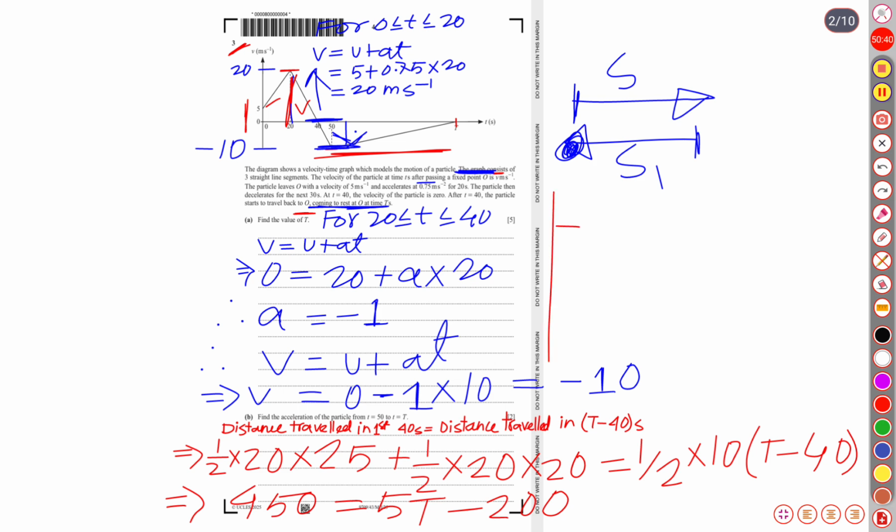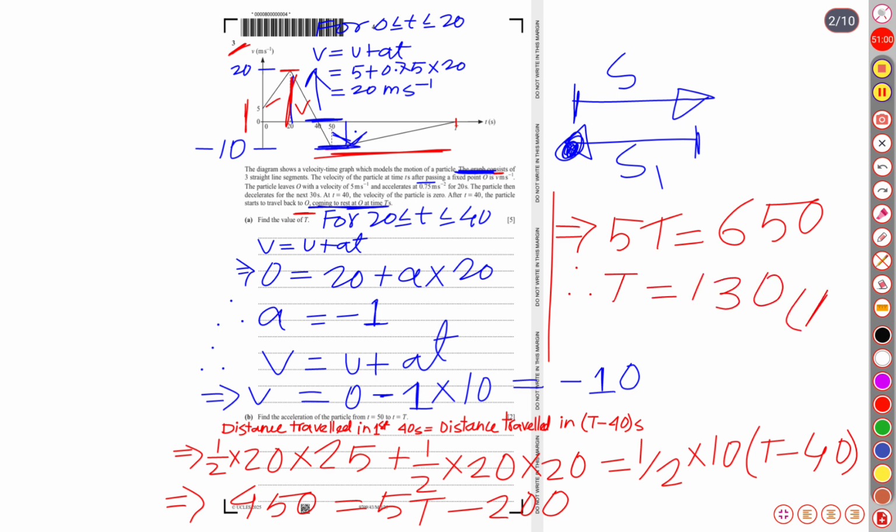So our 5t is equal to 450 plus 200, so it is 650. Then if we divide 650 by 5, it is 130, so t is equal to 130. So our value of t is 130.